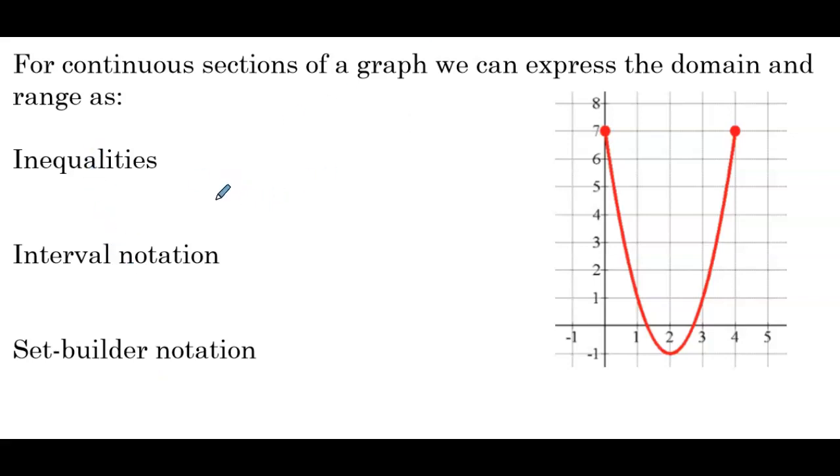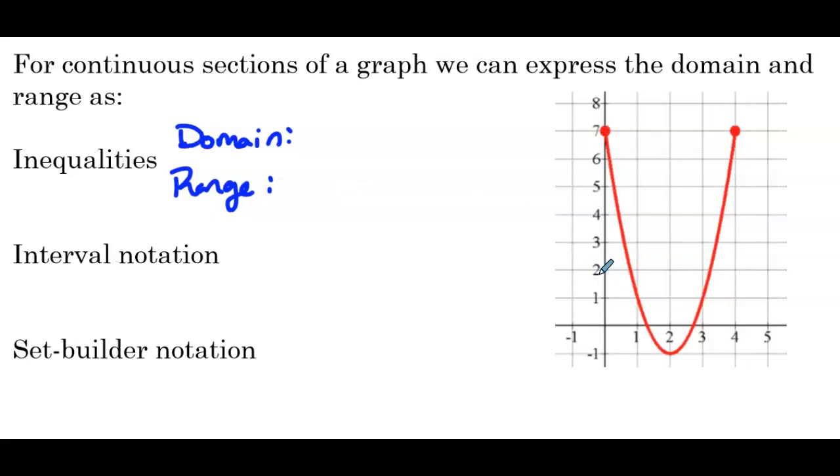So what is the domain and range going to look like as an inequality? Okay, so we have domain and we have range. Remember, the domain is the set of all inputs, the x-coordinates. So we want to write an inequality that represents what our x-coordinates can be between.